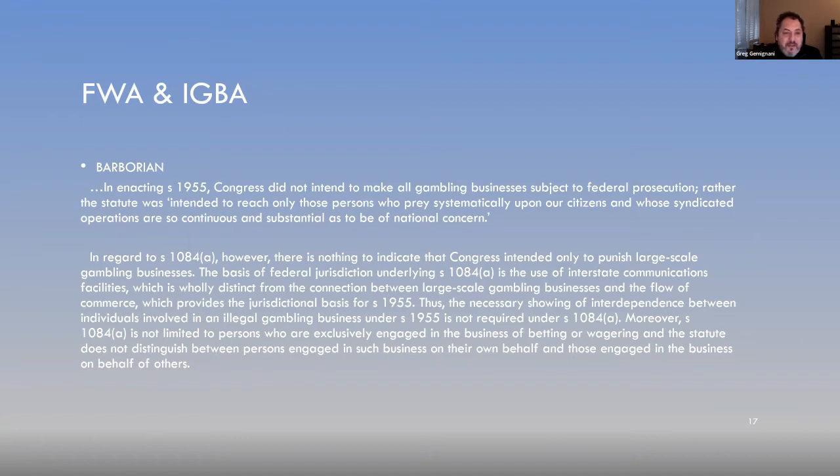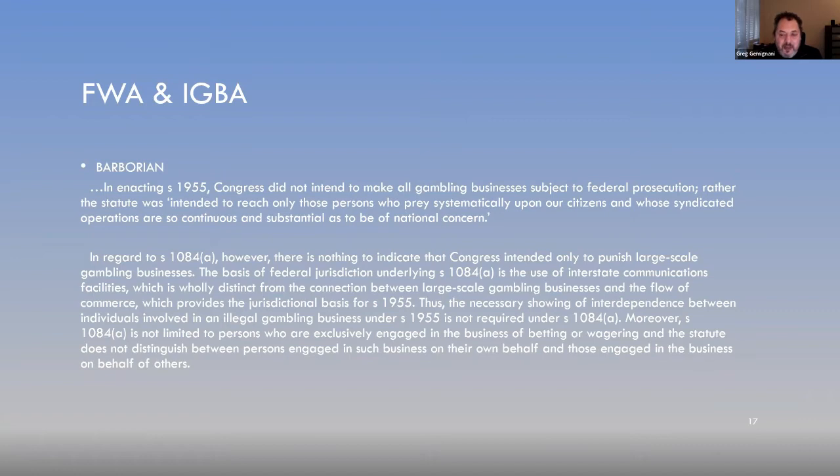Where under 1955, the Illegal Gambling Business Act, the standard is different. So under the Federal Wire Act, you don't need 5 people. And that's one of the things Barborian was arguing. And Scavo. You need 5 people. For the Wire Act, you don't. But the conduct is a little bit higher. It's not just anything necessary or helpful.